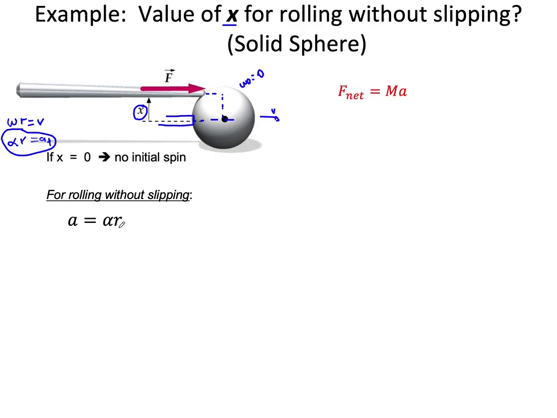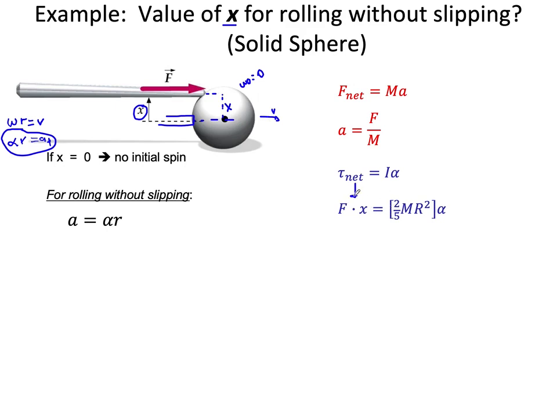So let's first figure out what the acceleration would be. F equals ma, so the acceleration is simply equal to this force divided by the mass of the ball. Easy enough. And now for the torque and alpha: torque equals I alpha, the rotational equivalent of F equals ma. In this case, the torque generated is going to be x, the perpendicular distance between the force and the center, times the force.